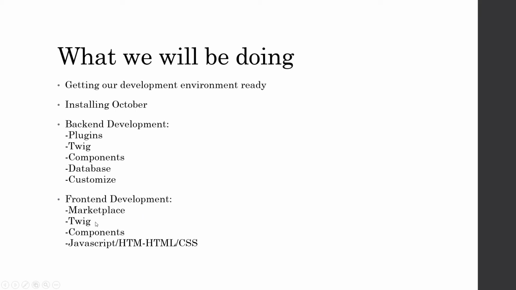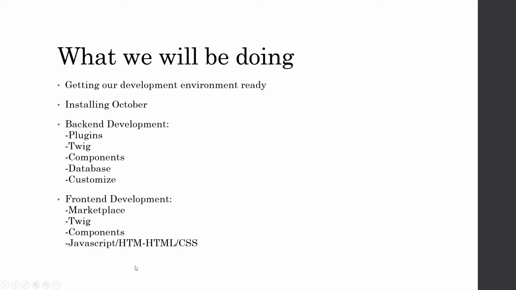We'll be tackling Twig again because Twig in the front end is a bit different than Twig in the back end. We'll be tackling components again in the front end because they are also a bit different than components in the back end. Then we'll be tackling our general JavaScript, HTML, and CSS.